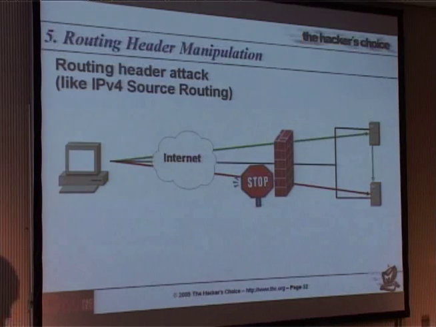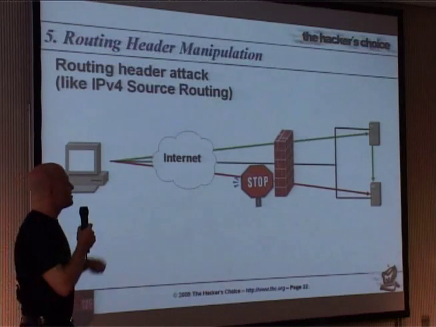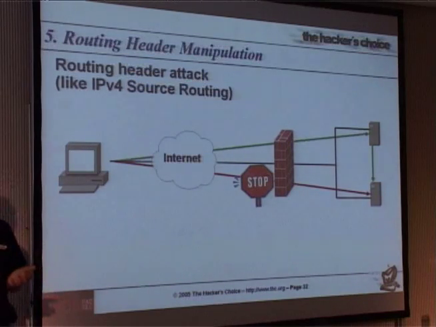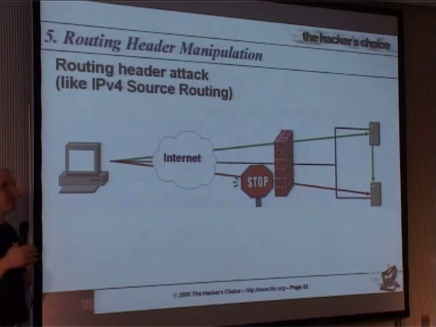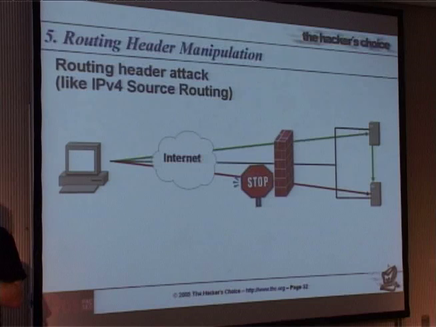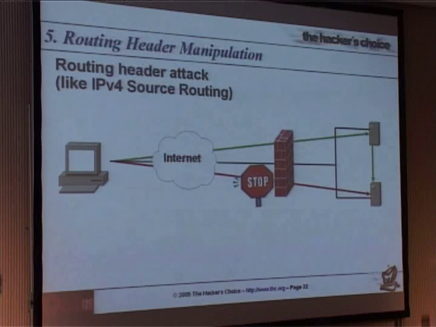Same is in IP version 6, the routing headers. Exactly the same. And you can do the same here. So what firewalls usually have, or routers also, is they don't allow source routed frames. But there are ways around that with IP version 6.